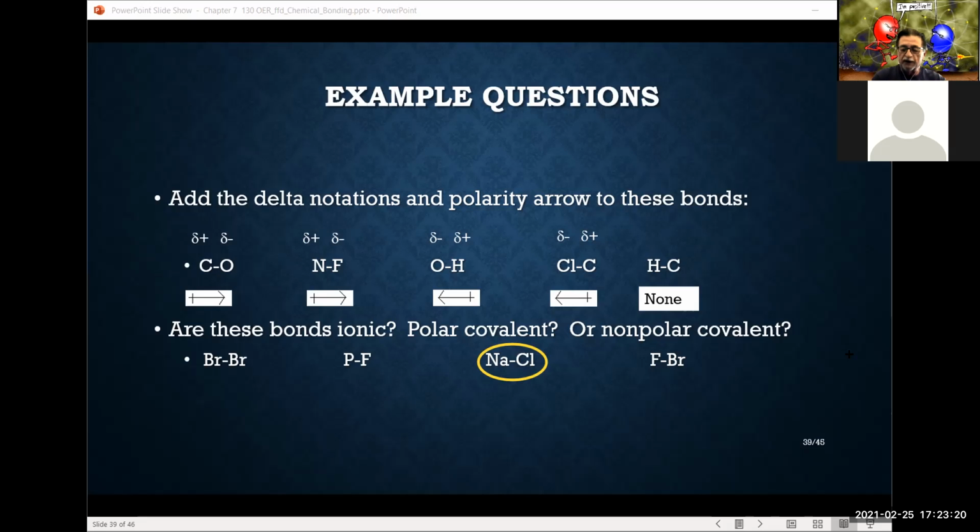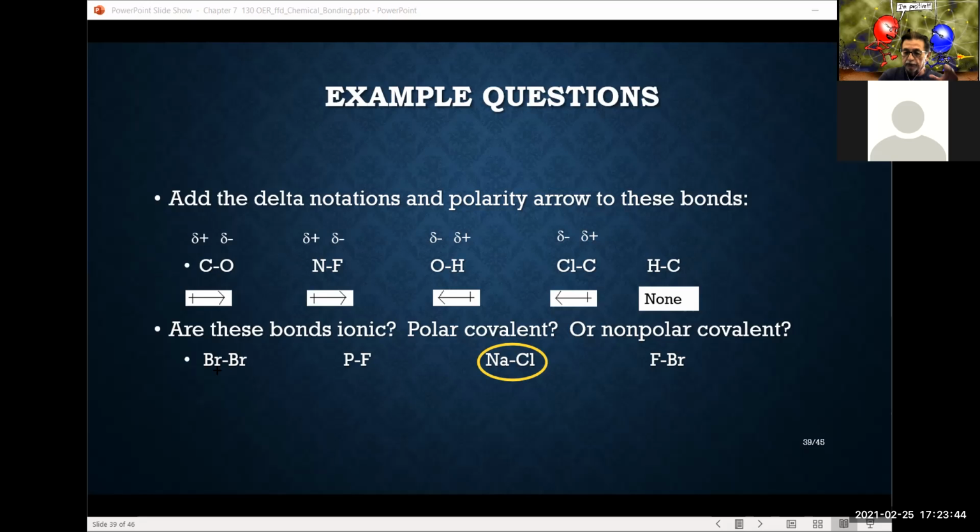That infers that the rest of them are covalent bonds, which they are, okay? If we look at the first one, bromine is bonded to bromine. The fact that the atoms are both the same should tell you I've got a non-polar covalent bond here. Sure enough, because they're both the same atom.